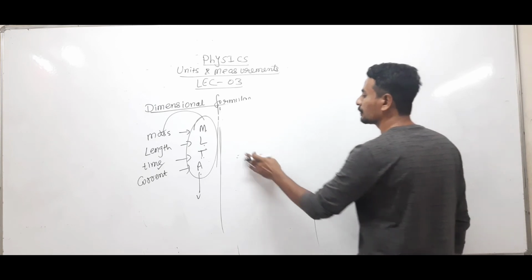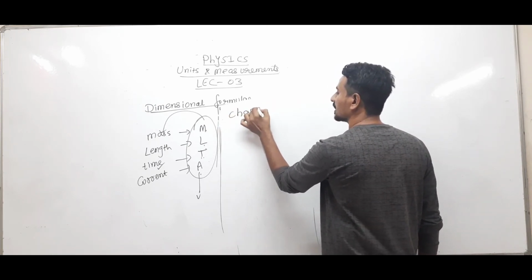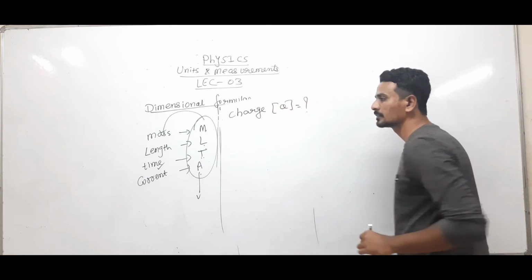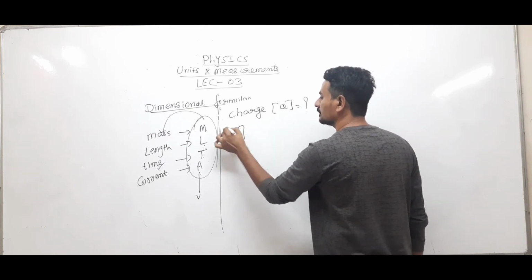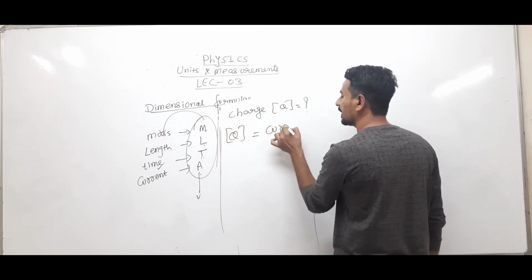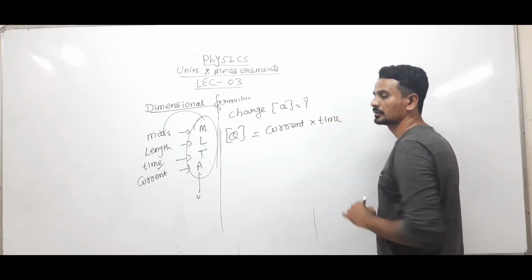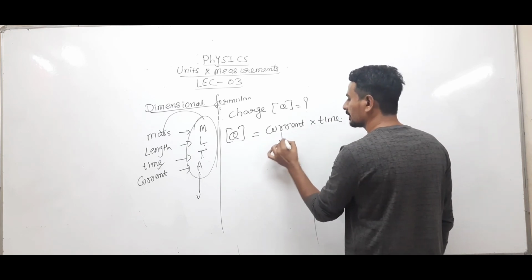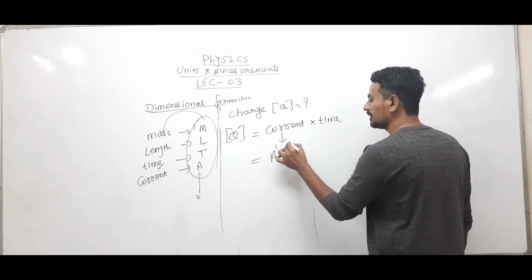Like suppose you have been asked to find the dimensional formula for, say, charge. Come on, charge Q. So what is charge? Charge is current into time. Q equals I into T, current. So it will be A1 times T1.